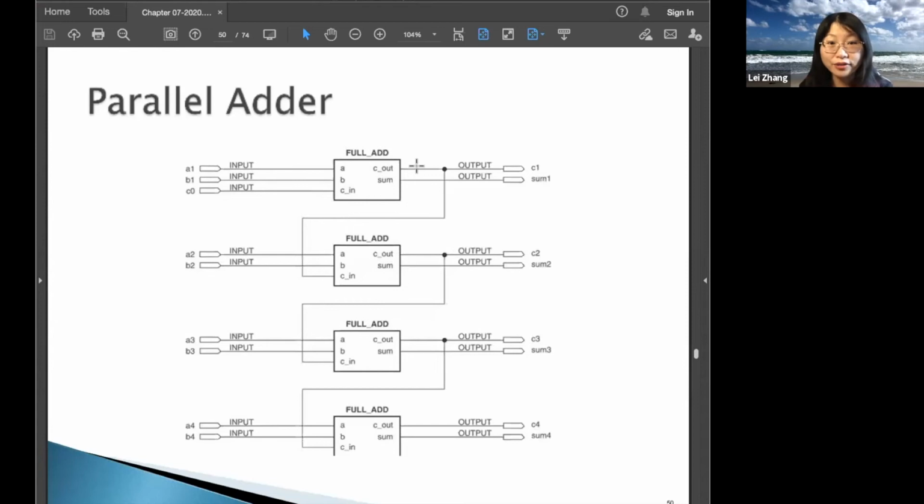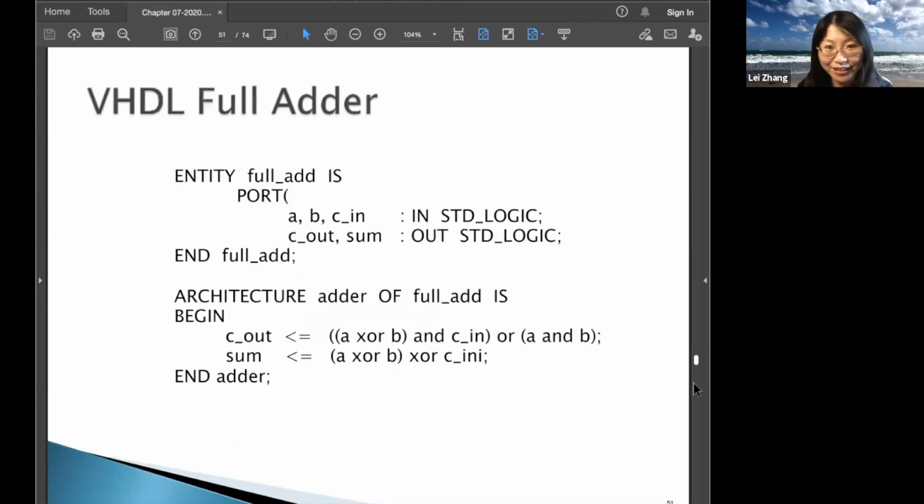So think about how you need to connect these carry in, carry out. If I put the most significant bit on the top, that's a quick modification for you to think about for connecting the schematic.